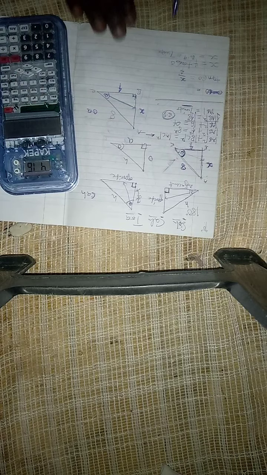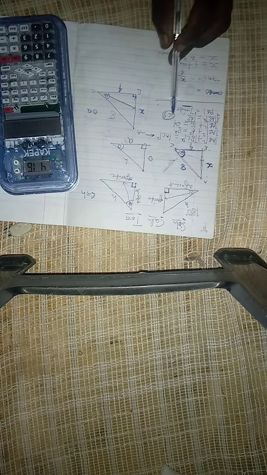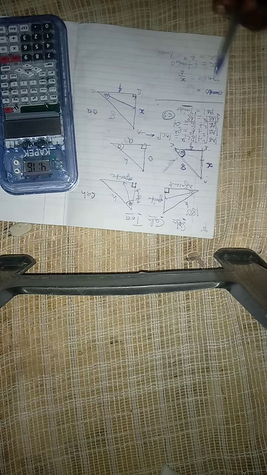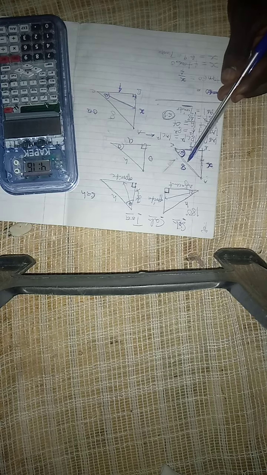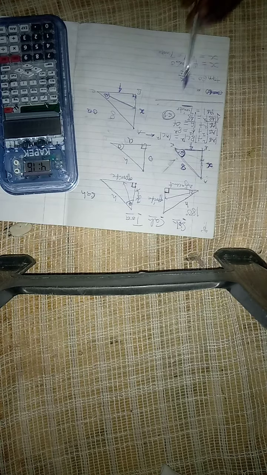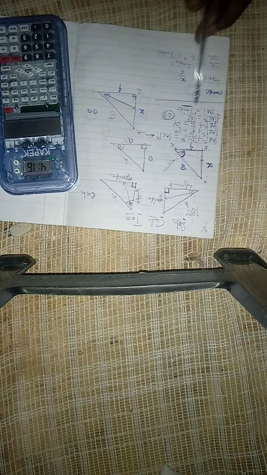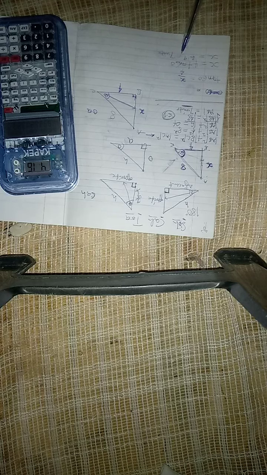So it's 7 units, just as we got over here. You see, initially we used Pythagoras theorem, and we had 6.9, which was approximately 7. And when we use the trigonometrical ratio, the tan, it gave us 6.9, which is also 7 units.